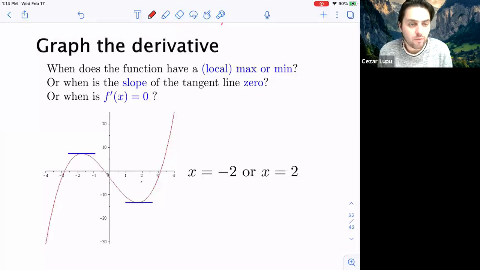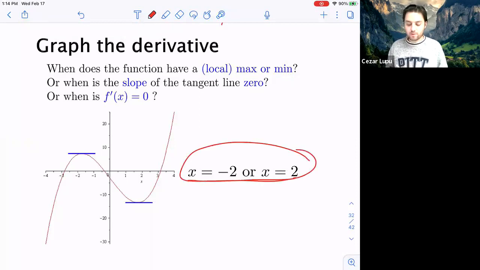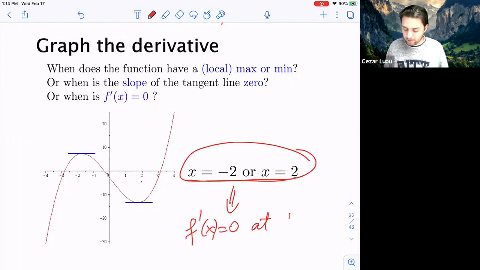Or equivalently, when is the slope of the tangent line 0? Keep in mind the slope of the tangent line is the derivative. And as you can see, at x equals 2 and x equals -2, the derivative is 0, at these two points.